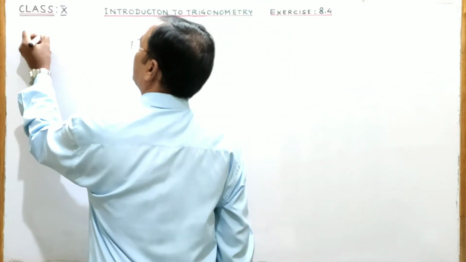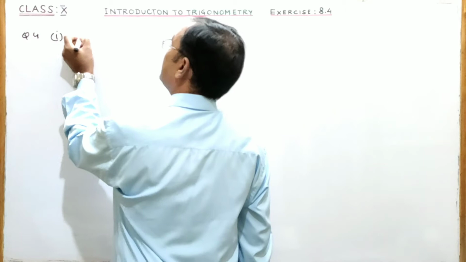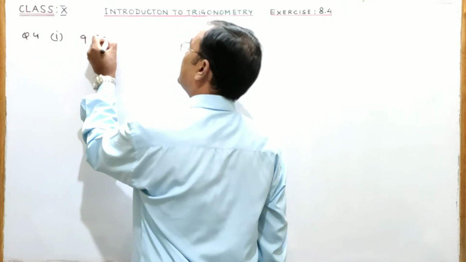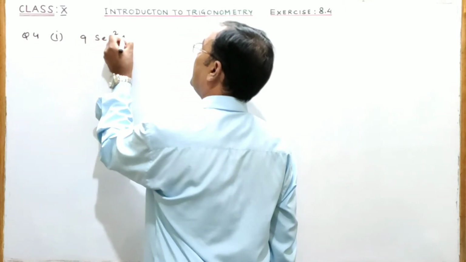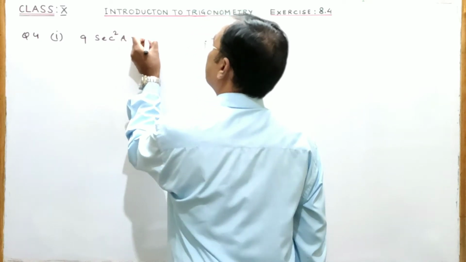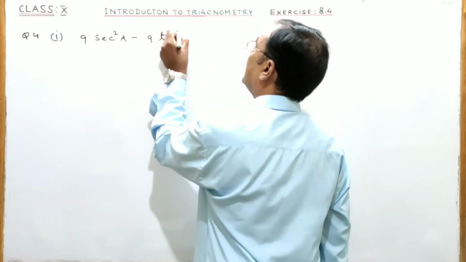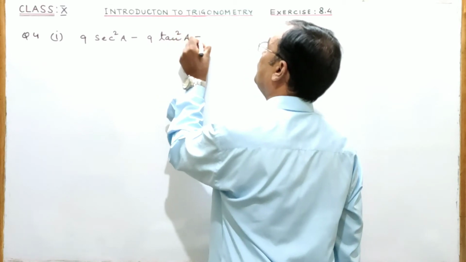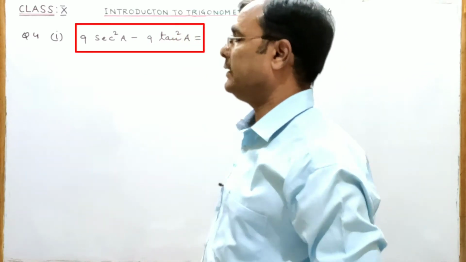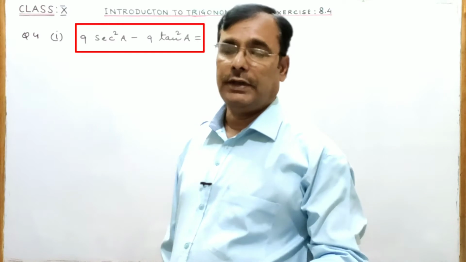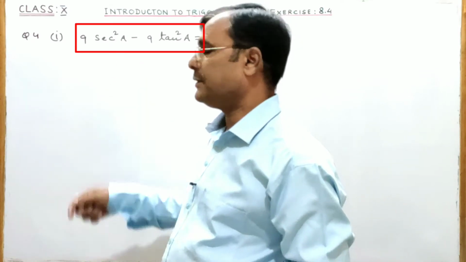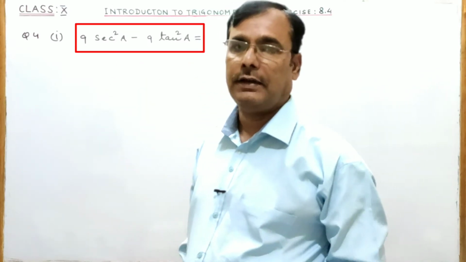First part, question number 4 is 9 sec square A minus 9 tan square A, and we have to find the value of this. We have to choose the value from the 4 given options.